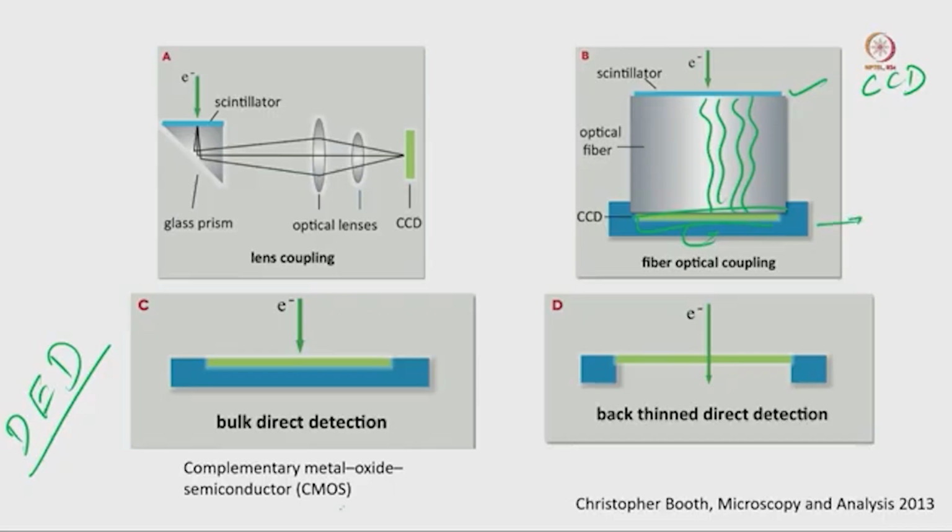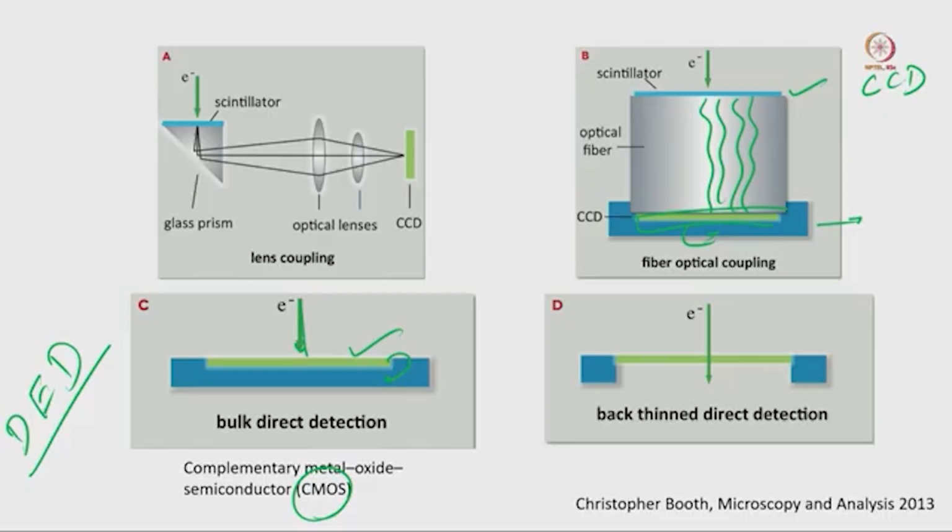But for the CMOS camera, the electron directly interacts with the sensor and the signal is transferred and recorded immediately. There is no conversion from electron to photon.